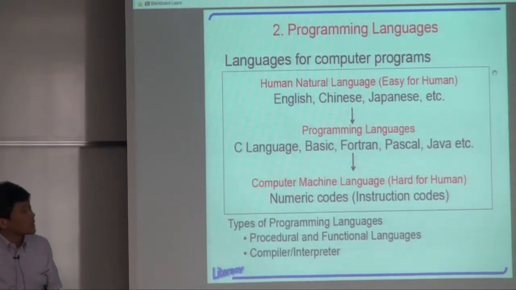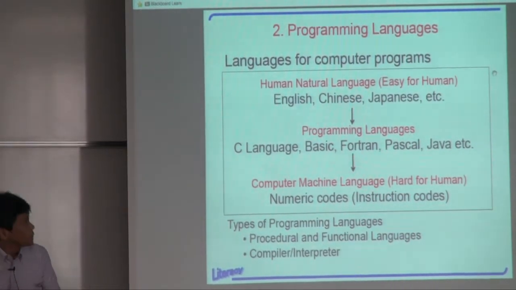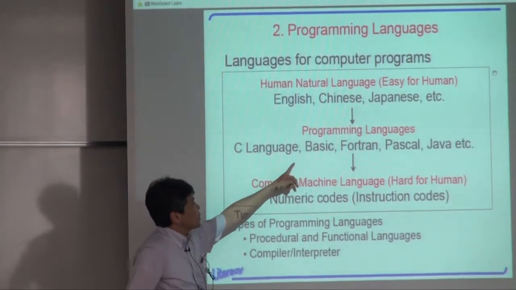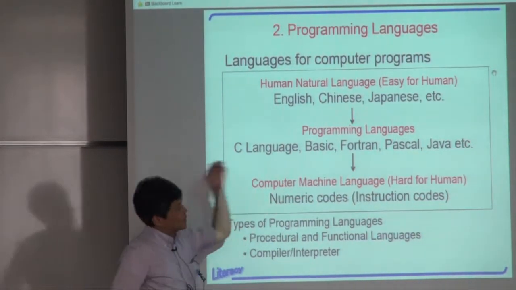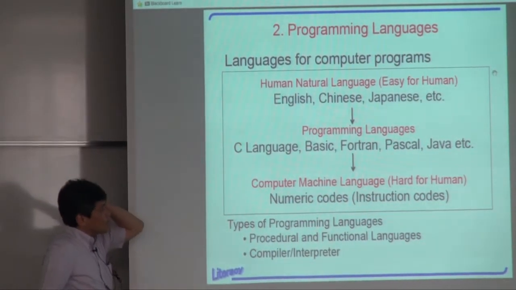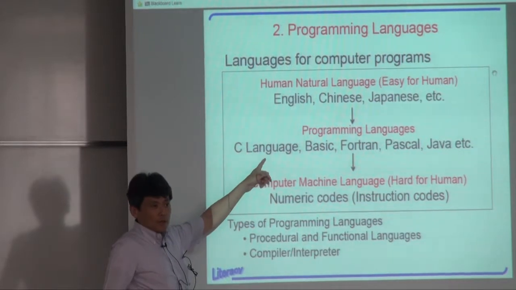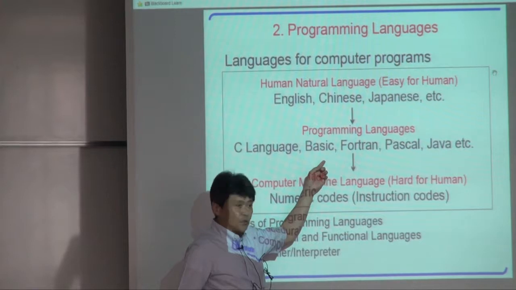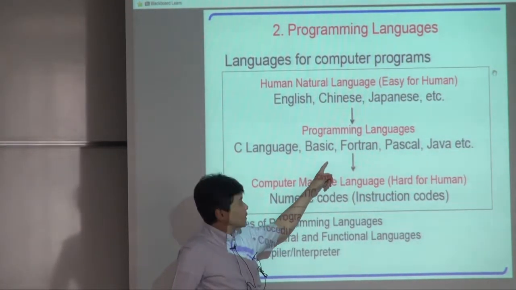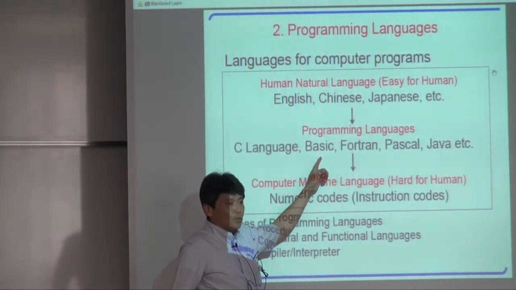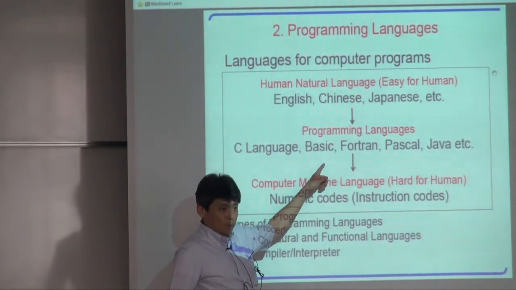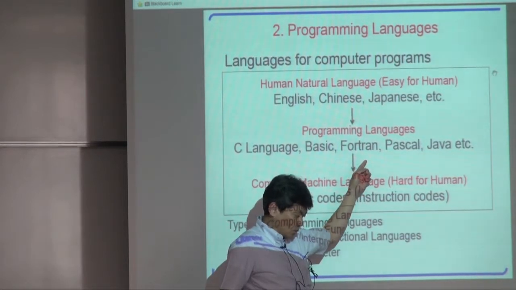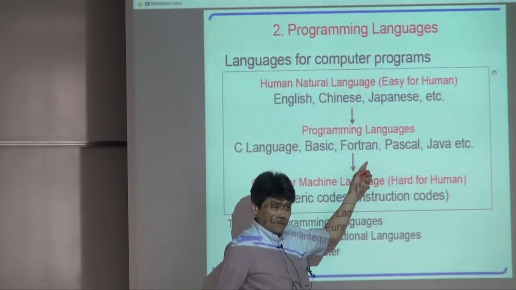There are some types of programming languages, as shown here. For example, C language, Basic, Fortran, Pascal, Java. C is a very popular programming language. Basic is very easy to understand and easy to learn, because it is dedicated to beginners of programming. Fortran is dedicated to programs for numerical calculations.